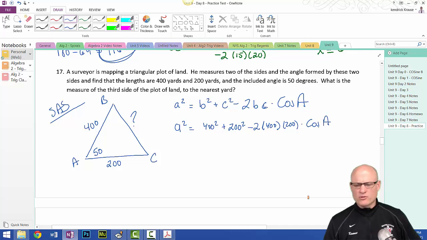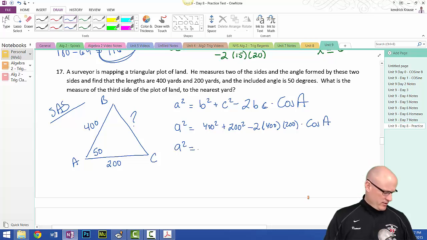I am going to save myself some time. I get a squared equals 97,153.98245. I take the square root of both sides and I find a equals, when we're all said and done, 312.